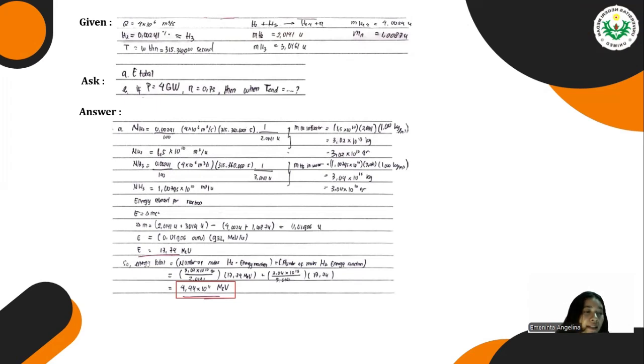H2 is equal to 0.00241%, and it's equal to H3. And T is equal to 10 years, which is equal to 350 billion 360,000 seconds.